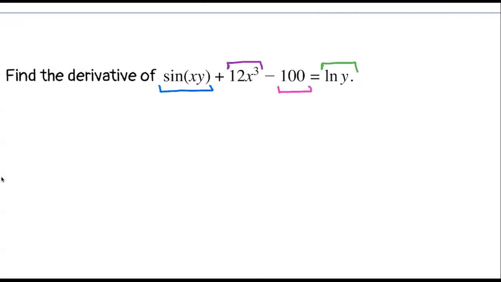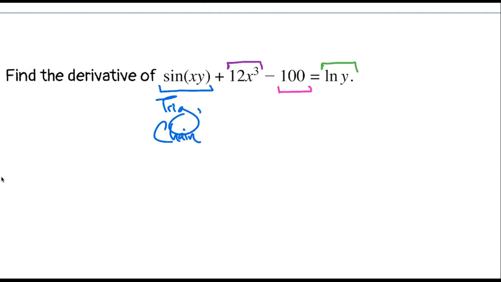So what rule or rules do we need for any one of these? Let's do a little bit of that brain dump. Good, we're gonna need trig and chain.